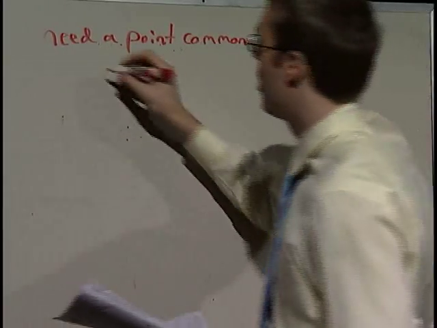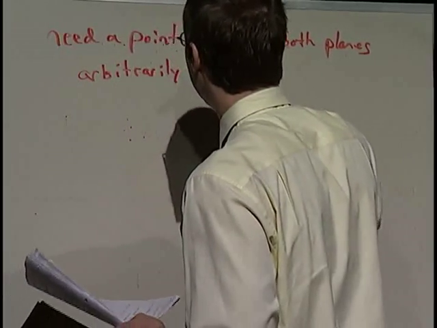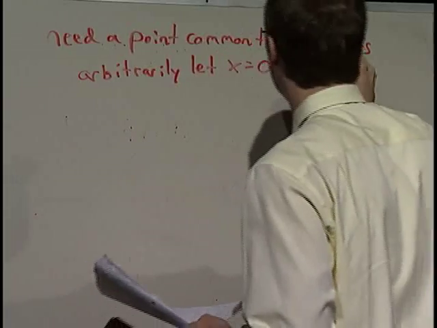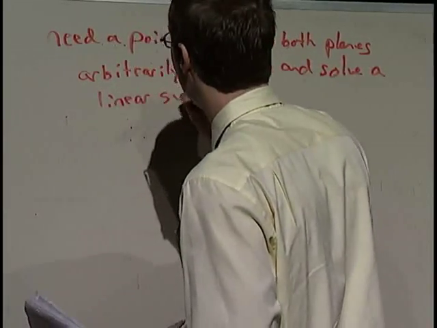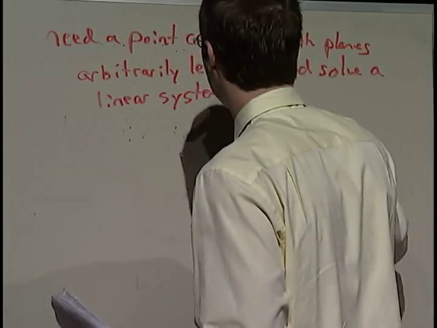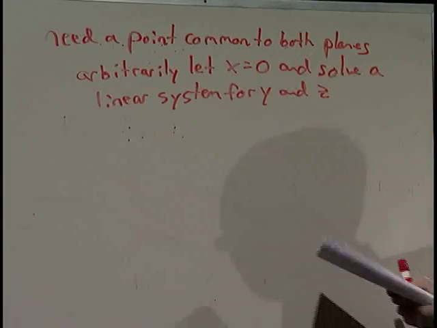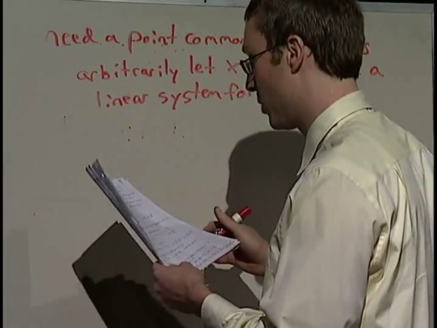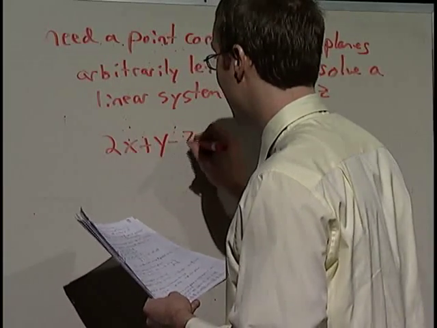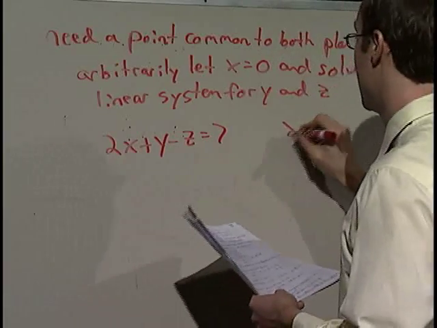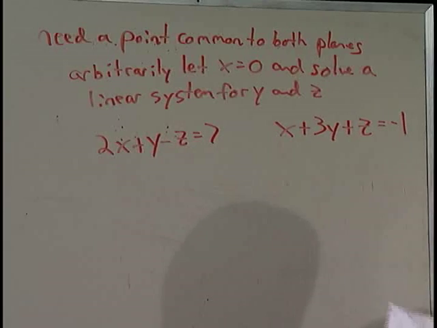I'm going to arbitrarily let x equal 0 and solve a linear system for y and z. Where are my planes' equations? Here we go. My planes' equations are 2x plus y minus z equals 7. And the other one is x plus 3y plus z equals negative 1.